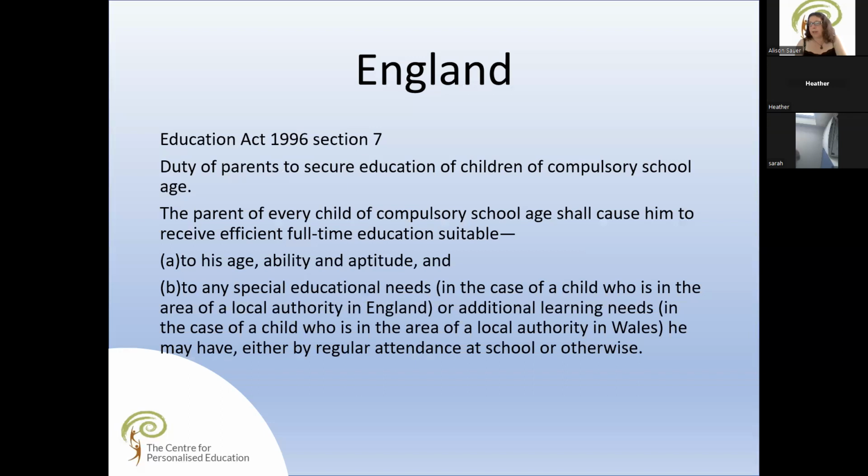And the education has to be suitable to age, ability and aptitude, and to any special educational needs or learning needs if they're in Wales. Okay, either by regular attendance at school or otherwise. And the reason that the main home education support organisation in England and Wales is called Education Otherwise is because of that otherwise label there.